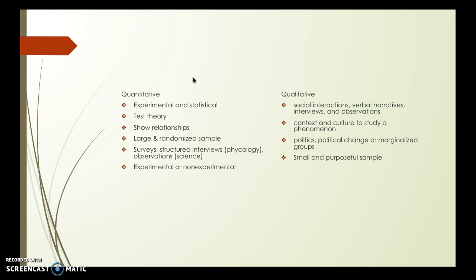The sample will be large and randomized, and the methods will be surveys and structured interviews. Not just qualitative can use interviews; quantitative can also use interviews, but they are structured interviews, usually used in psychology, and observations are usually used in the sciences.